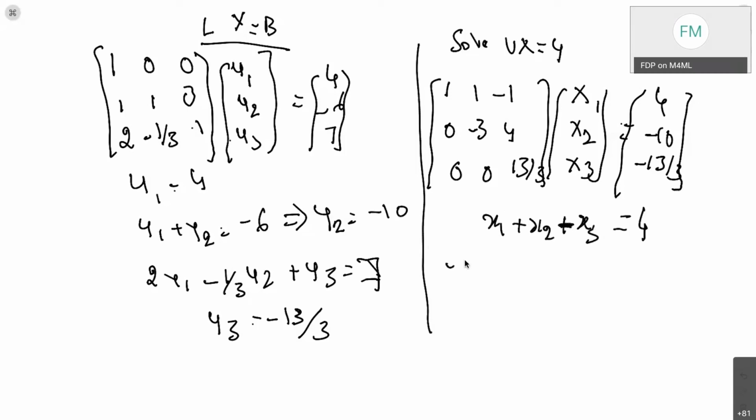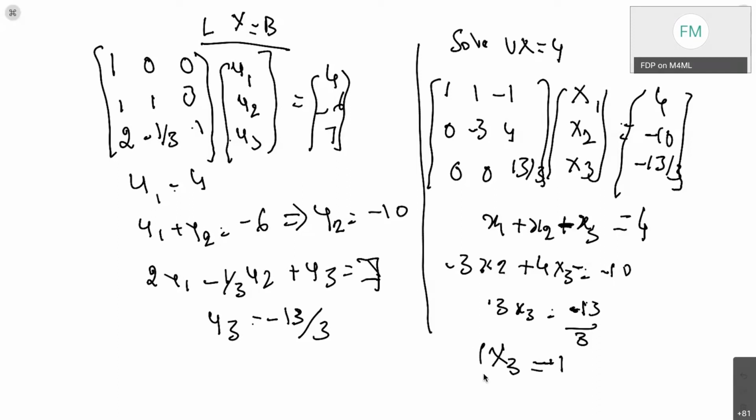You have minus 3x2 + 4x3 = minus 10. Of course, you have 13/3 x3 = minus 13/3. So x3 = minus 1. Similarly, we will get x2 = 2 and x1 = 1.